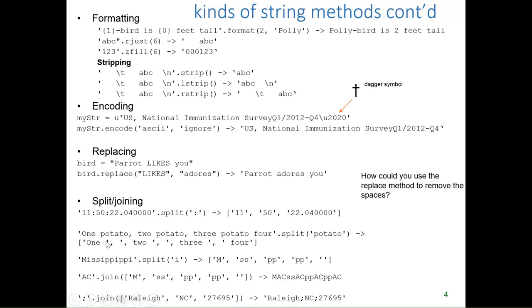Notice the spacing is still there, because there was a space before potato in each of these. One more example, if we split the string Mississippi on the letter I, we would end up with this comma-separated list of items. And I'm using the word list in the sense that Python uses it.